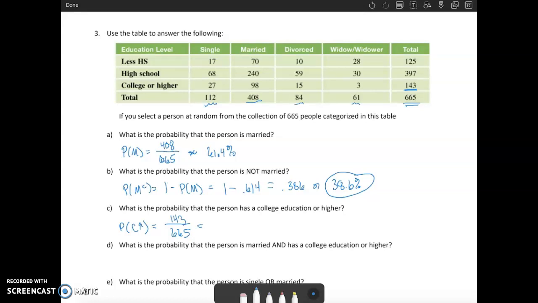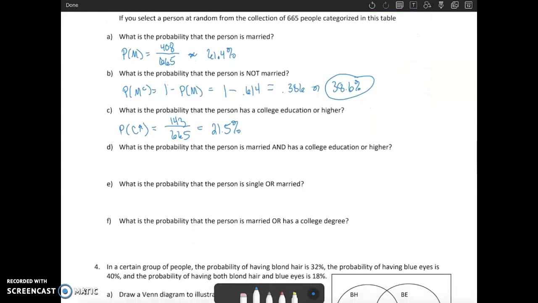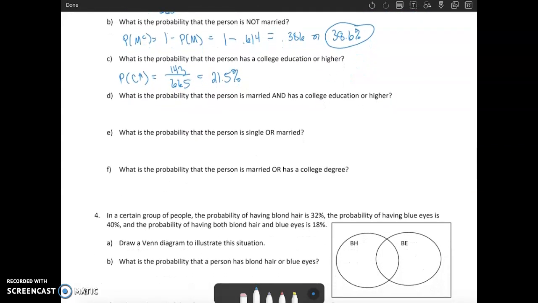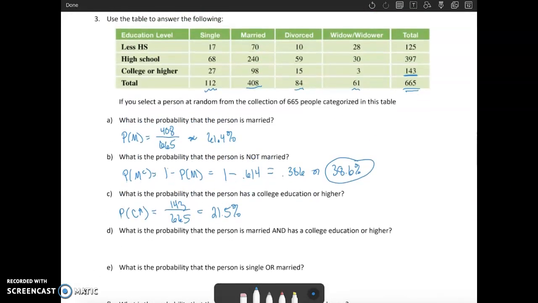Dividing that out comes out to about 0.215 or 21.5%. And again, you can do those divisions on your own, and I recommend that you do, and make sure you're getting the same answers as I get so that you know you are using your calculator correctly.